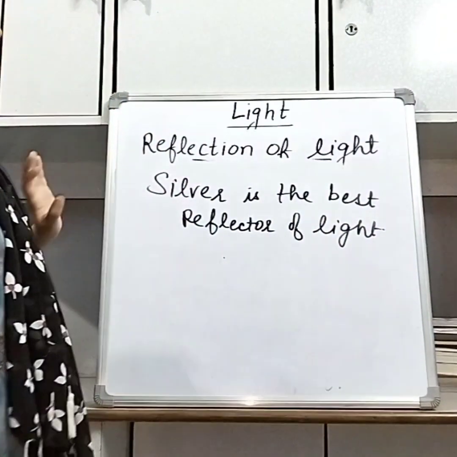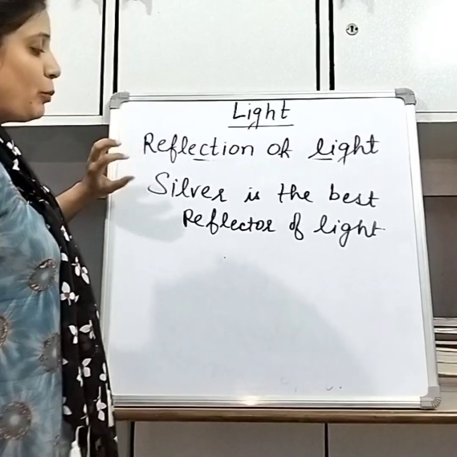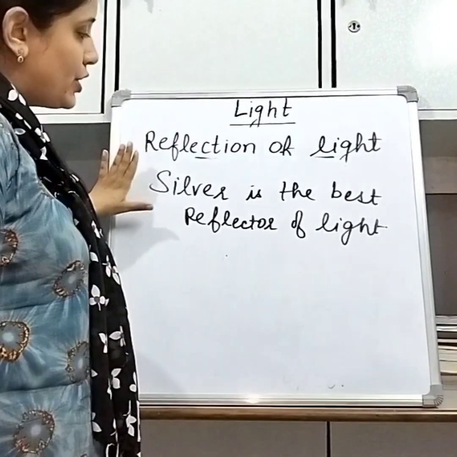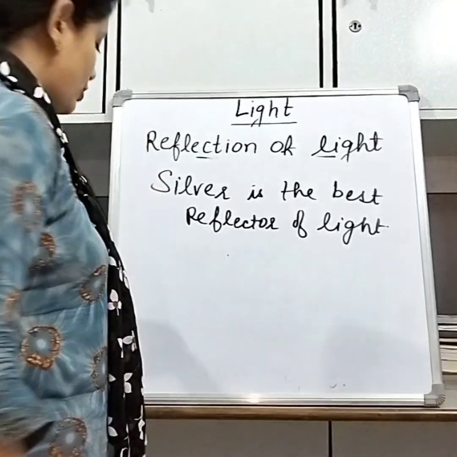Silver is the best reflector of light. It will reflect approximately 99% of the light radiation that falls on the silver surface.